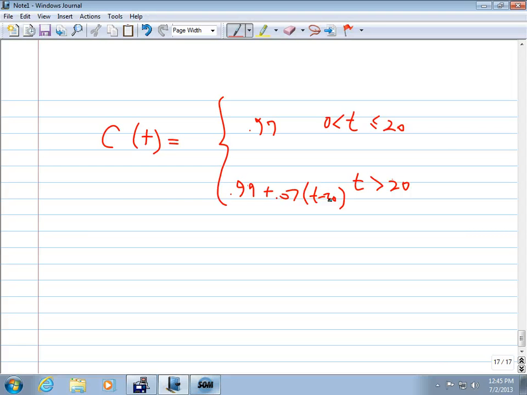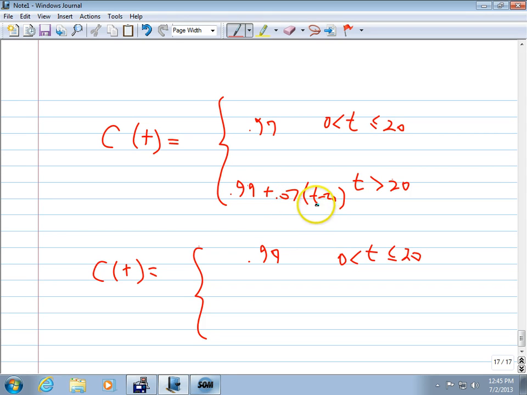Now, you could simplify this. C is a function of time. It's a constant 0.99 for t between 0 and 20, and this is a semi-open interval. But how do you simplify this? What do you do with the 0.07? Distribute, right?